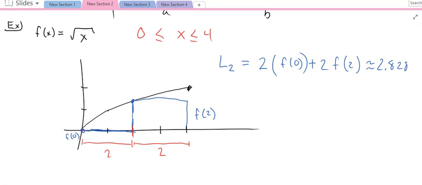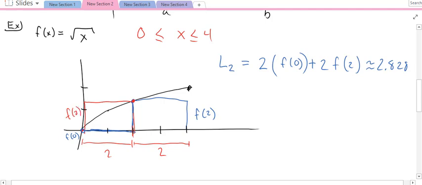Now, we can also use what we'd call the right endpoint. So in this interval from 0 to 2, instead of using f of 0, that left endpoint of the interval, as the height of my rectangle, I could take the right endpoint and use it as my height. So now this would be f of 2 as a height, and then in the next interval, it would have f of 4 as its height.